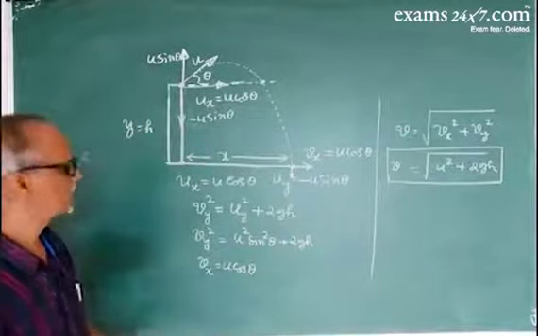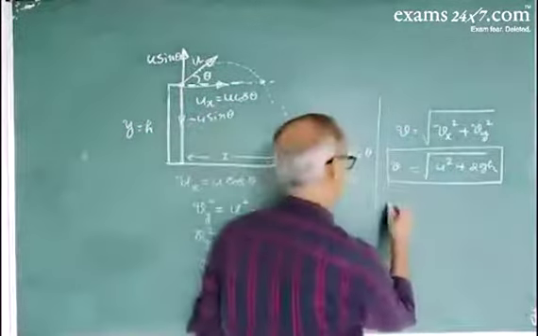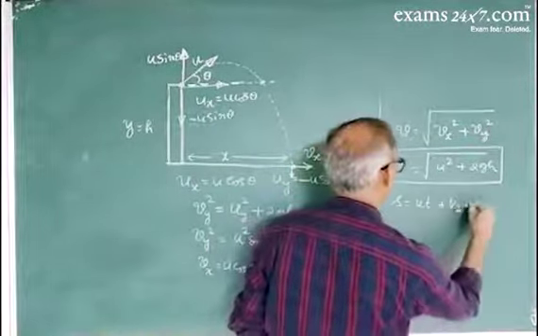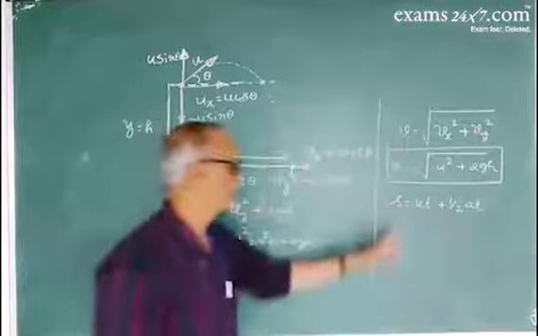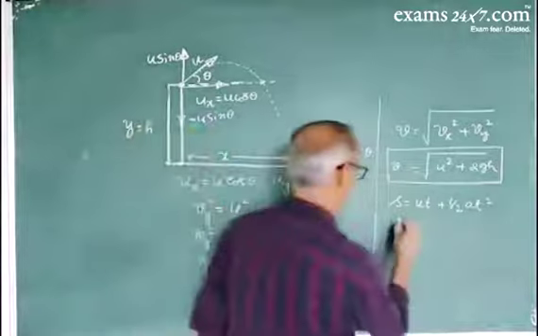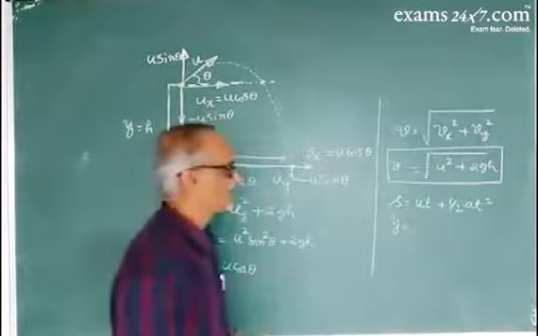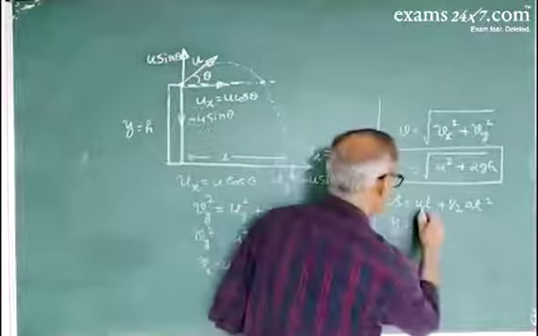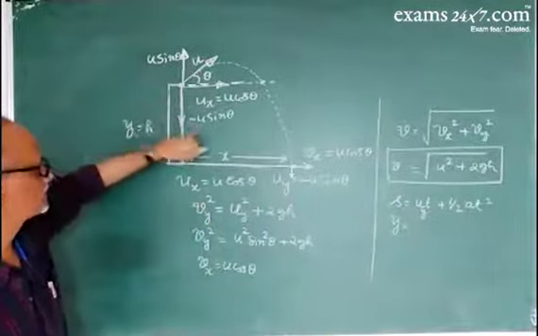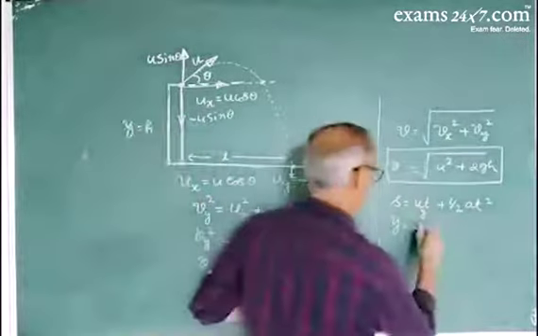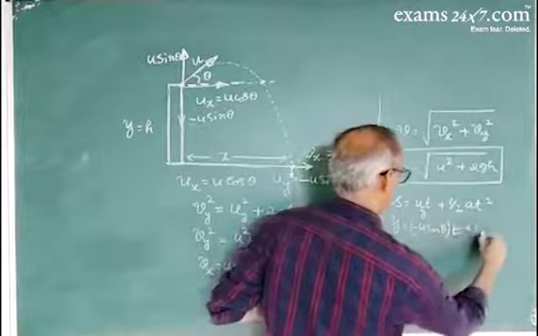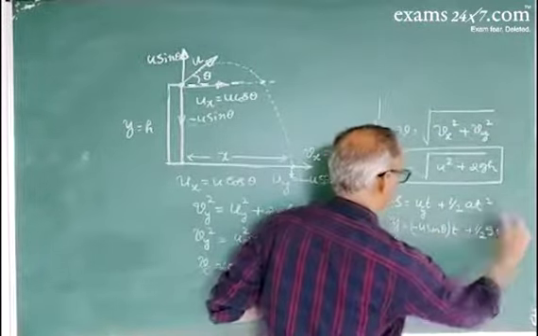To find the time taken, we are going to make use of s is equal to ut plus half at square. Here s is the vertical distance, which is h or y, and uy is the initial velocity along the vertical, which is minus u sine theta, into t plus half g t square.